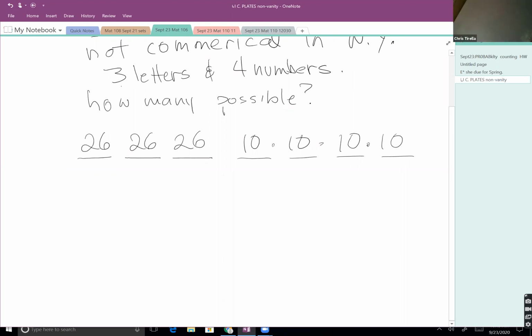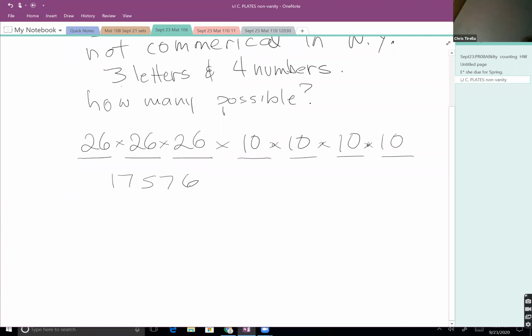And so now I've got 3 26s and 4 10s. What should I do with all those numbers? Multiply. Yep. Multiplying 26 to the 3rd, 26 times 26 times 26, I'm getting 17,576.